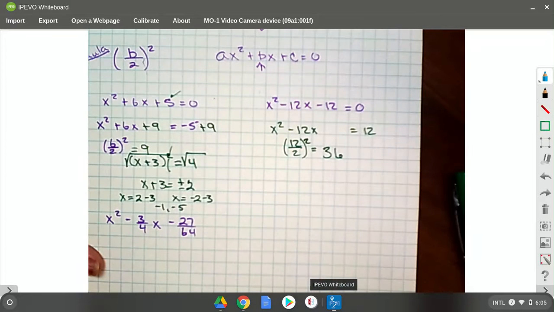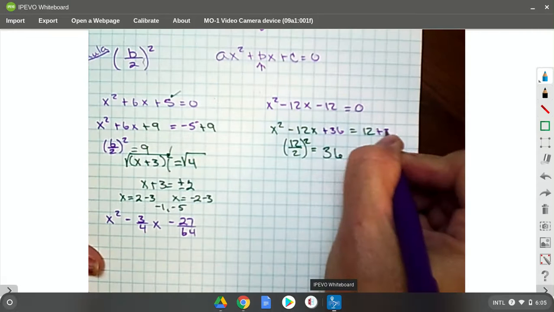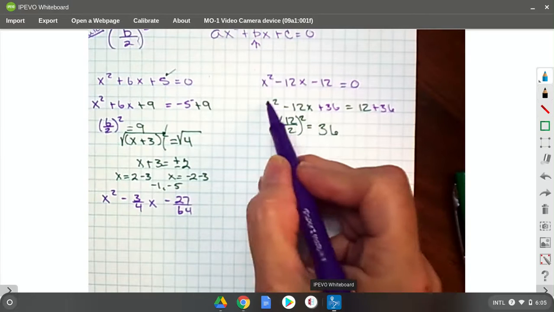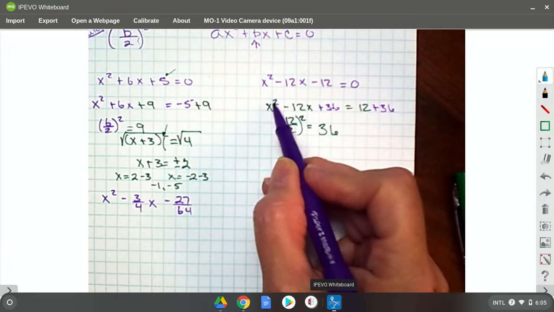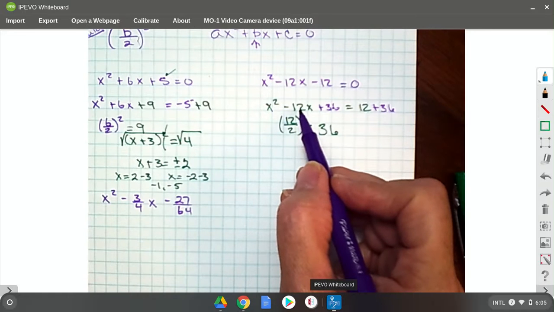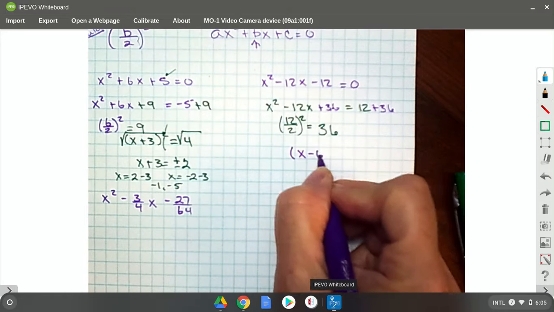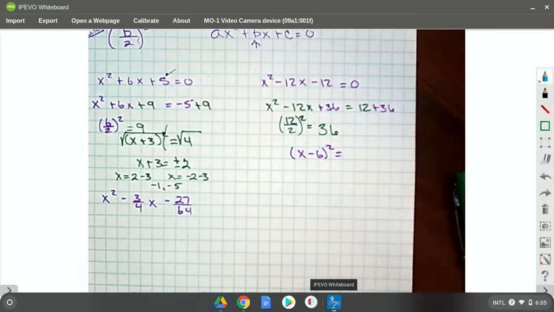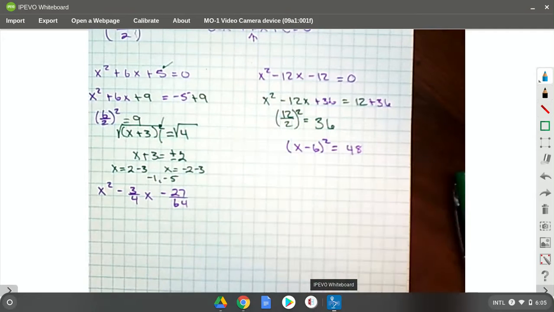So that means I'm going to add 36 and 36. Okay? Perfect square, perfect square. Square root is 6, square root is x. 2 times 6x is 12x. So I can say this factors to x minus 6 squared equals 12 plus 36, which gives me 48.